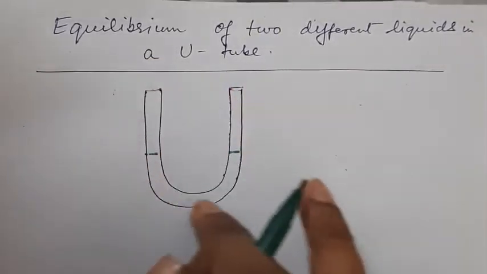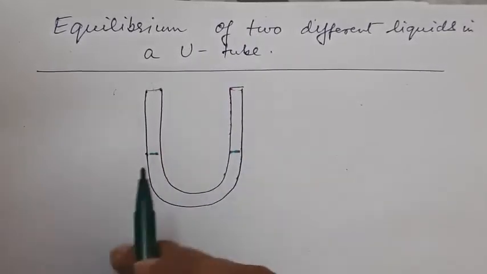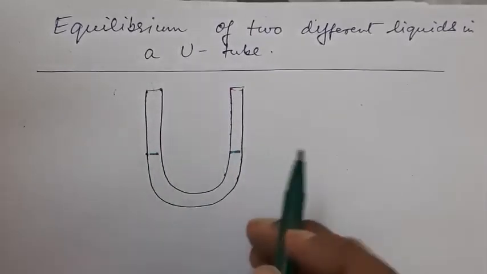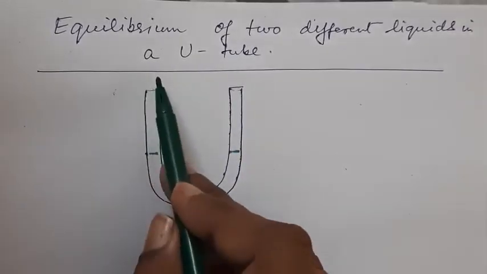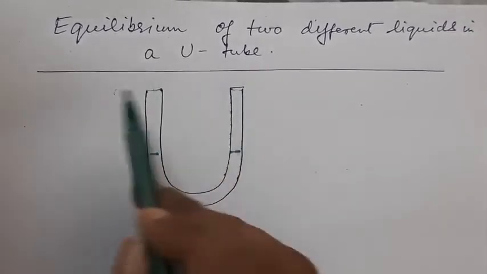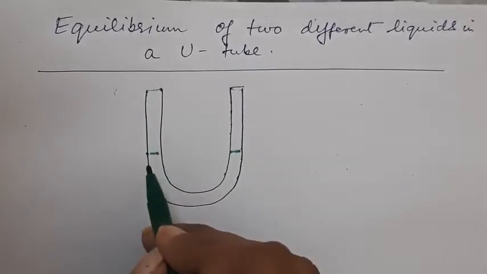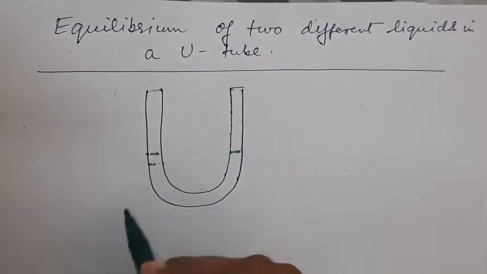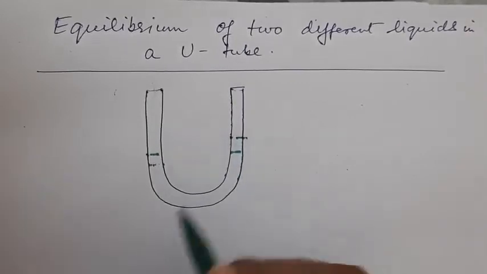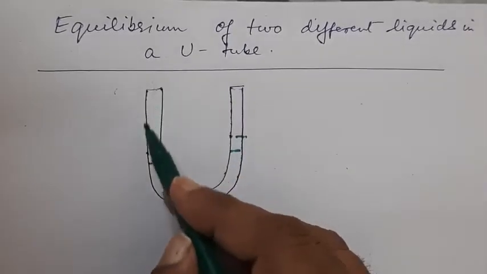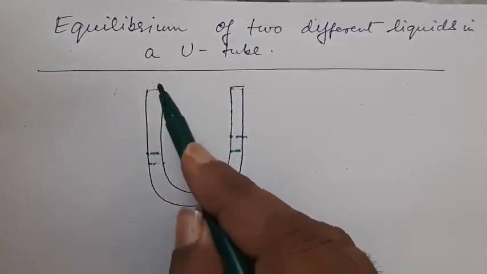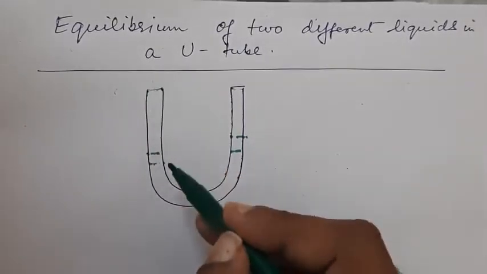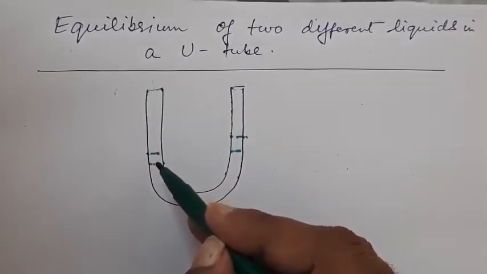We have poured one liquid. The liquid settles like this. The level in both the limbs of the tube is the same. If we pour a second liquid into this limb, this part will go downwards and this part will be raised upwards, because the weight of the second liquid that I have poured into the first limb will pressurize the first liquid to move downwards.